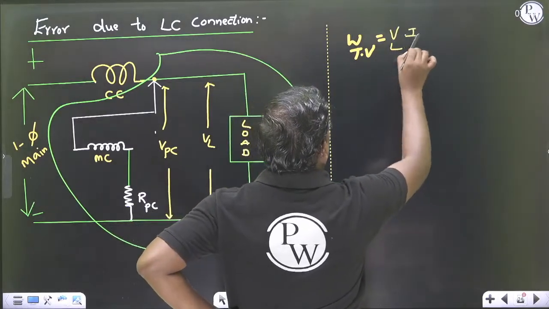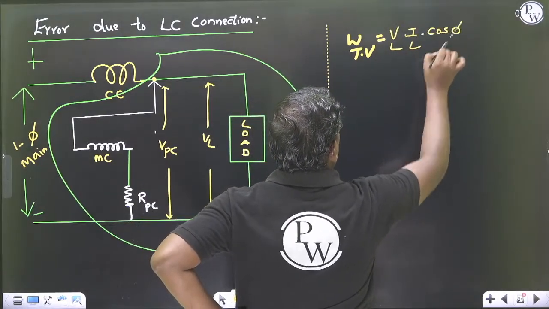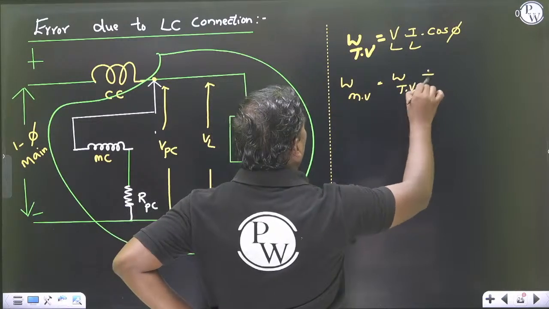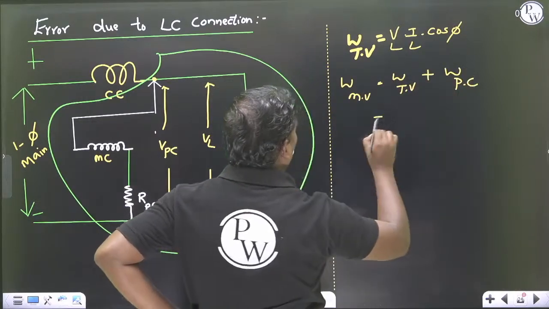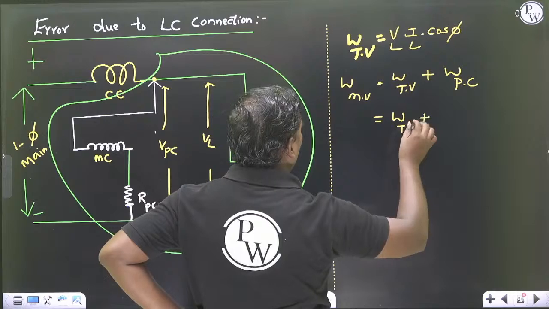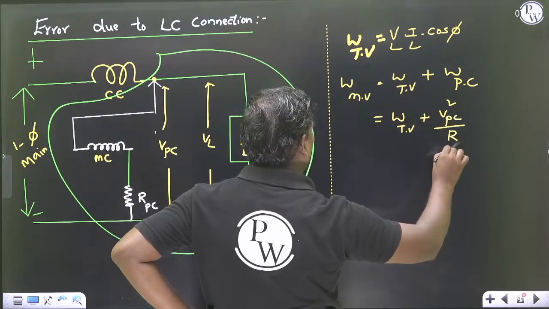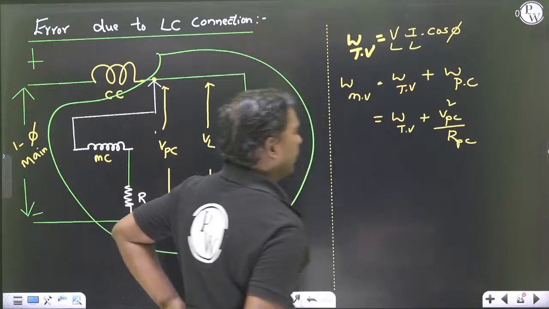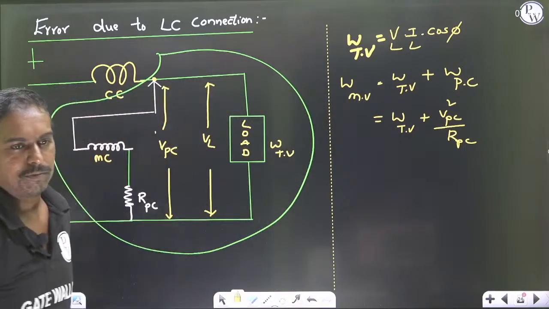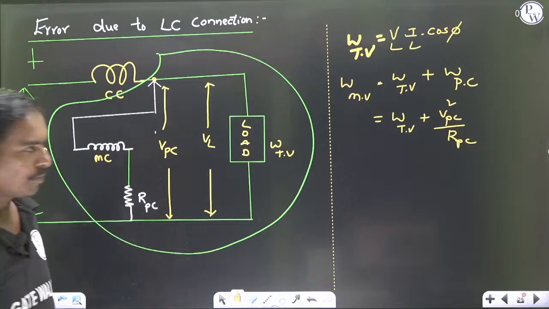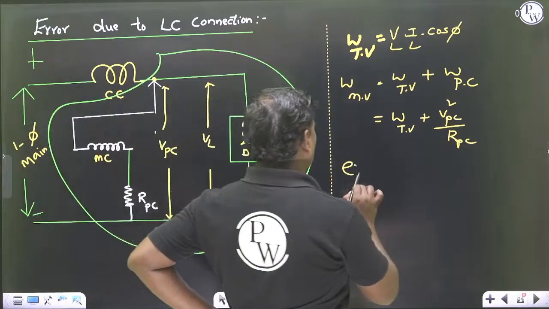VL IL cos phi, whereas measurement value is true value plus power consumed by the pressure coil. Power consumed by the pressure coil is V square by R. Am I right? So what is the error?